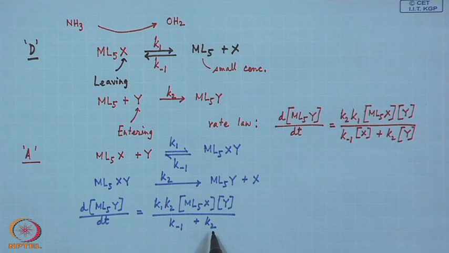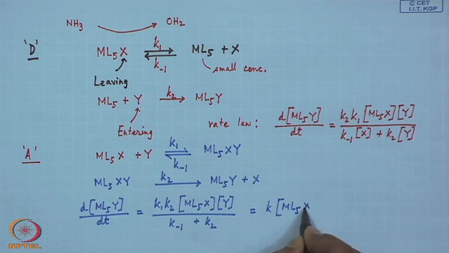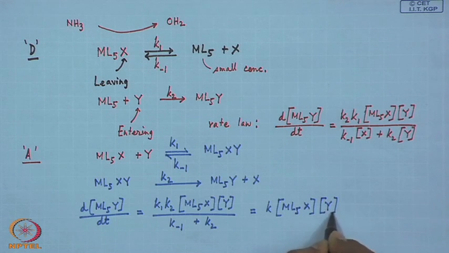When these are very small, the terms can cancel out, and for all these products we can have one constant, which is K, times ML5X and Y. In this particular case also the rate law is dependent on both the concentration of this particular species and the concentration of the incoming ligand, or the entering ligand, which is attaching to that particular metal center.